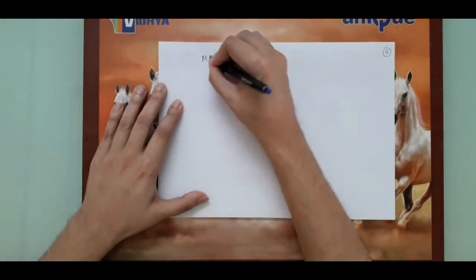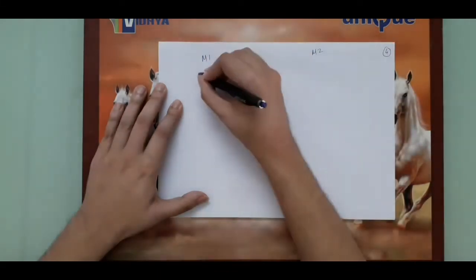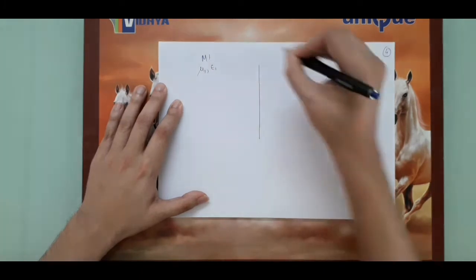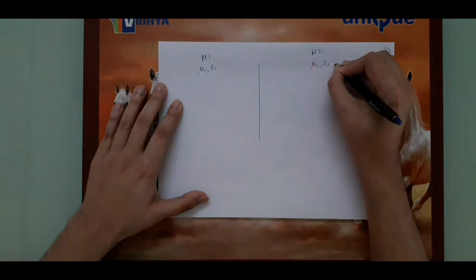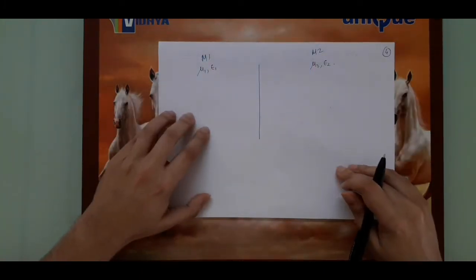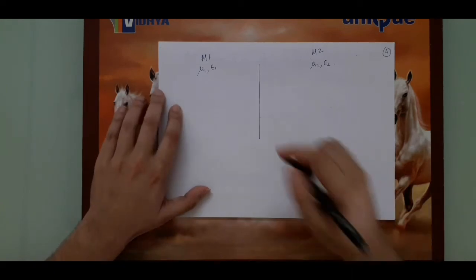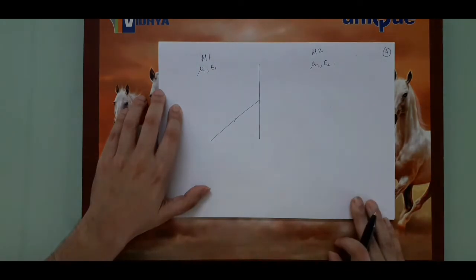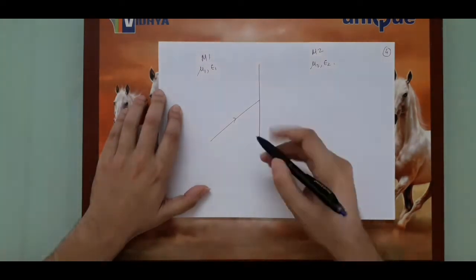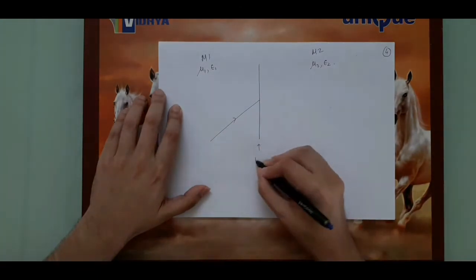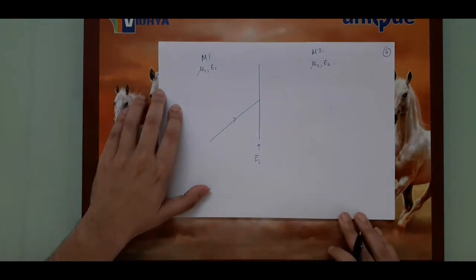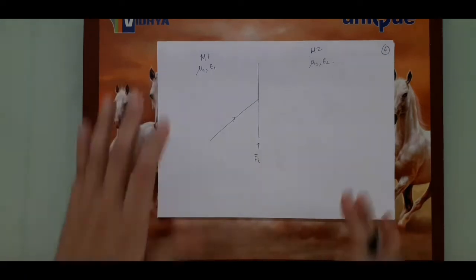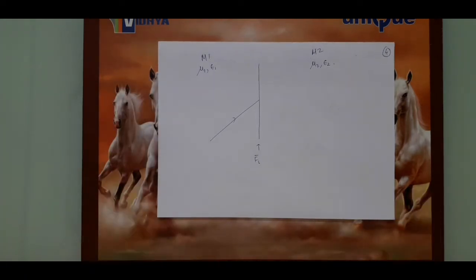This is medium 1 and this is medium 2, with mu 1, epsilon 1, mu 2, epsilon 2. Suppose this wave strikes the boundary. We already know that at the boundary we have this incident field vector Fi, which can be either electric or magnetic field. Now go back to the boundary conditions.